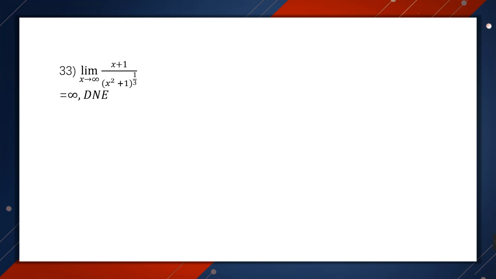And also the limit of x minus 1 over x to the power of 2 plus 1 to the power of 1 over 3 when x approaches infinity, the answer is infinity, or it doesn't exist.